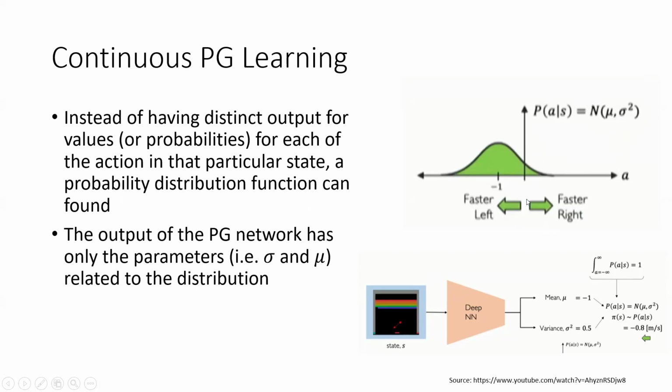When you move in this direction, it is about moving faster to the right. In the other direction, it is about moving faster to the left. So by looking at this distribution, you can see it is saying more about moving to the left, with the highest probability of moving at a velocity of -1, which means moving to the left at 1 speed.